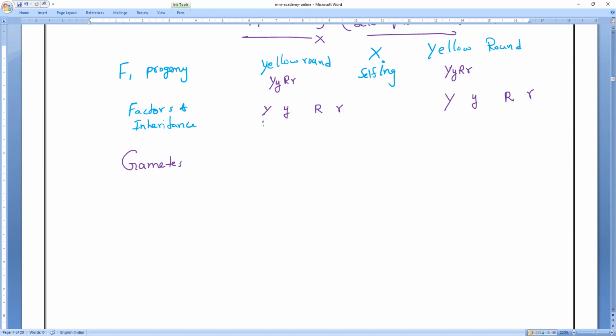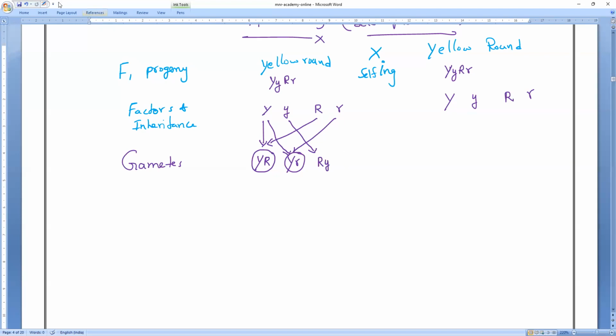First, capital Y with capital R. What is the first gamete? Everybody speak loudly. Capital Y with capital R. Second one, capital Y with small r. Next, small y with capital R.